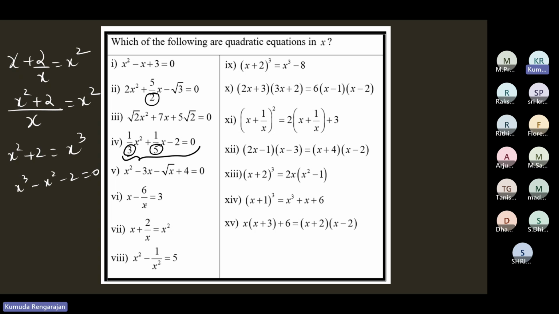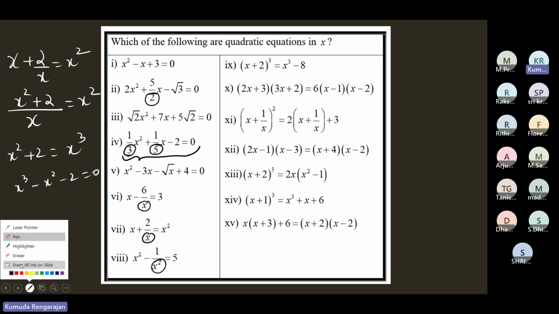But these denominators are dangerous, like x squared. You should take up the common denominator, cross multiply, and then decide. So when we work this, we find that it's a cubic equation. It's not quadratic. It's cubic because the highest power of x is 3.